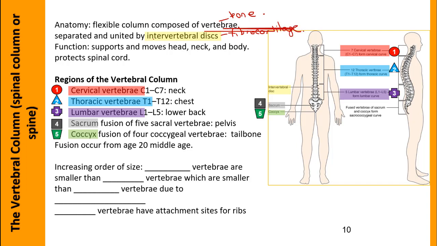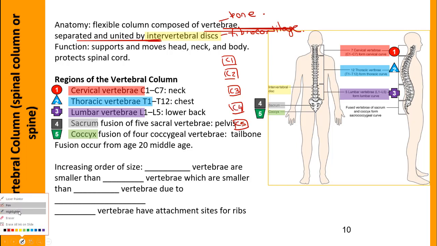If you look at the name intervertebral, inter means in between. So intervertebral discs are found in between each vertebrae. So if you have these vertebrae, so this would be C1, C2, C3, C4, C5, the intervertebral discs are found in between these bones, right?